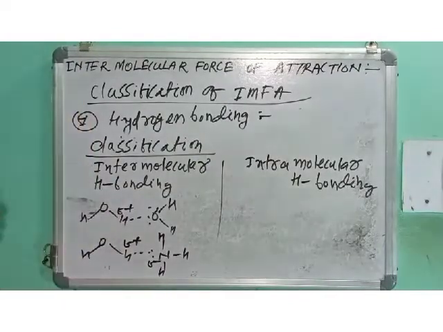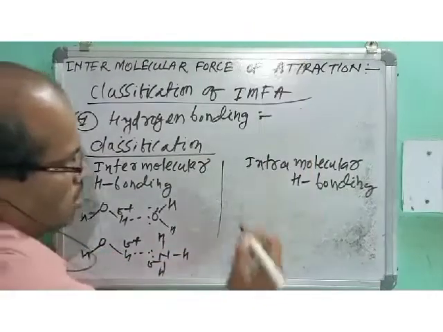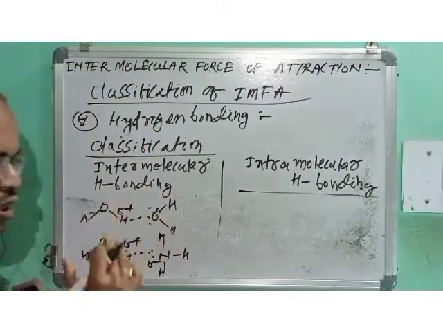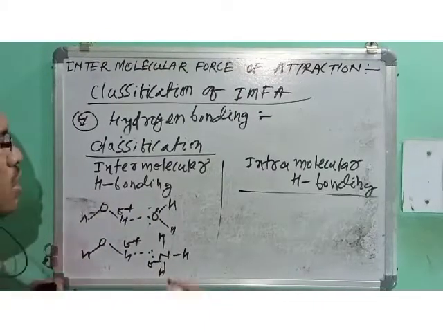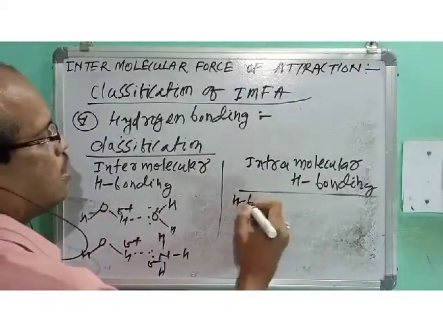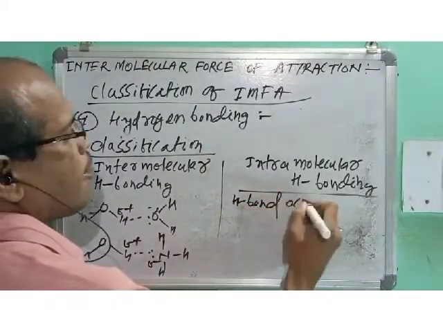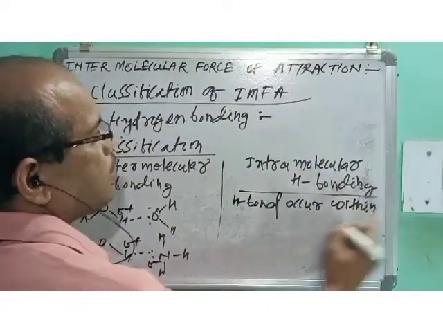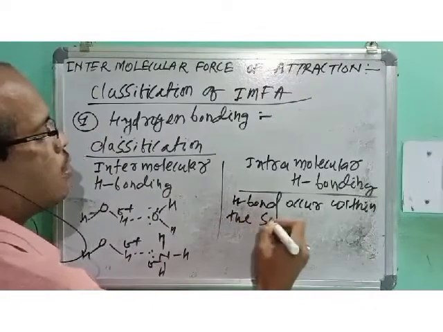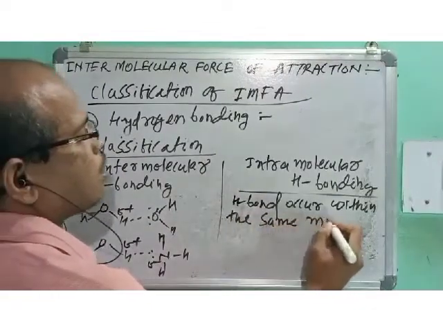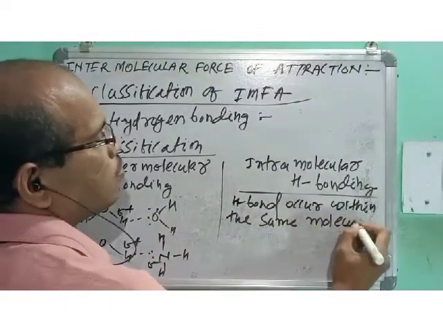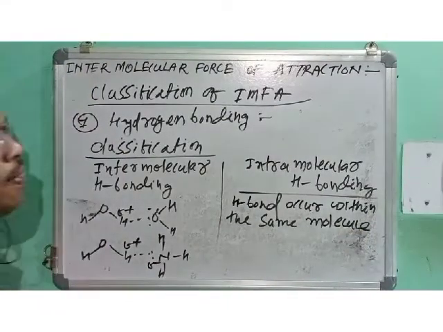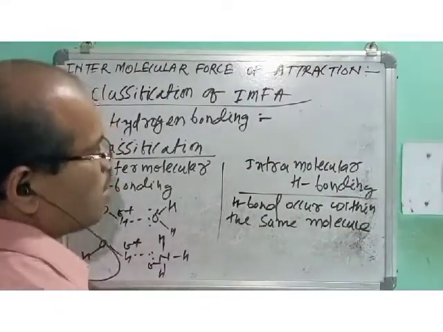Intramolecular hydrogen bond. What is intramolecular hydrogen bond? That is the hydrogen bond that occurs within the same molecule. Here the hydrogen bond occurs within the same molecule, within the same molecules. Example, we have to take one example.